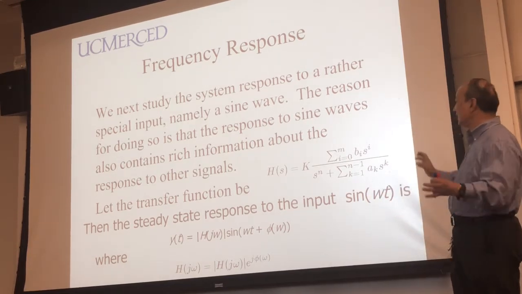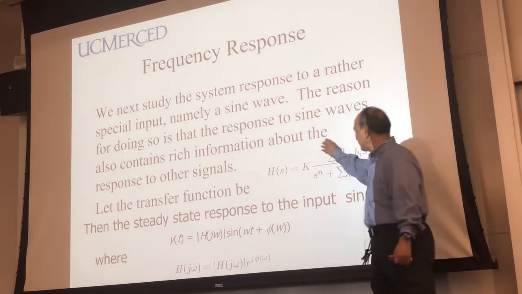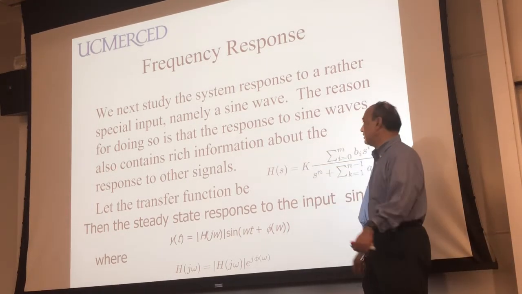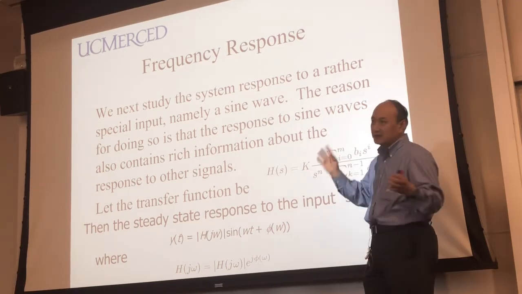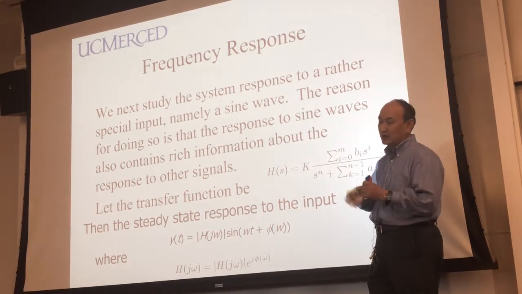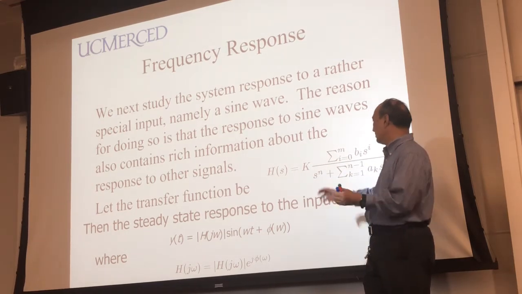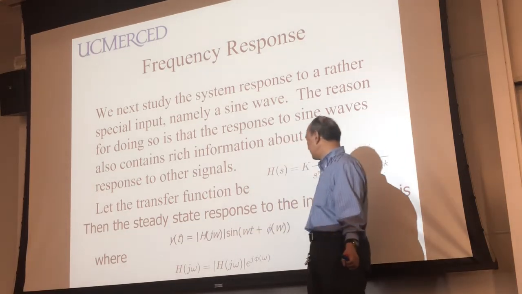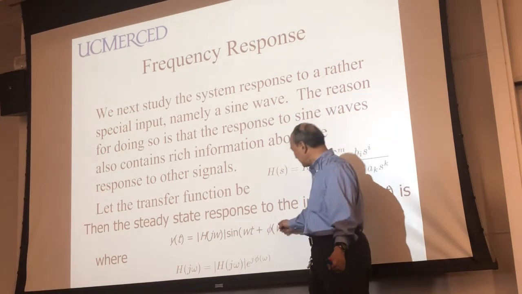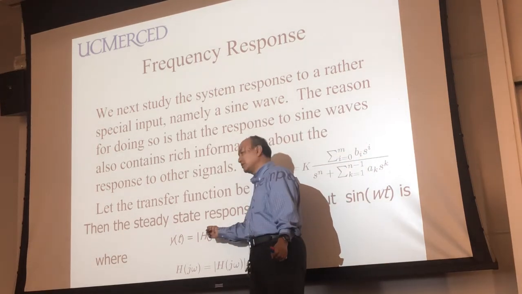So when I pass a sine omega t into this system, after a while, when the transients are gone, my output will also be a sine omega t, but with a different phase and a different amplitude.